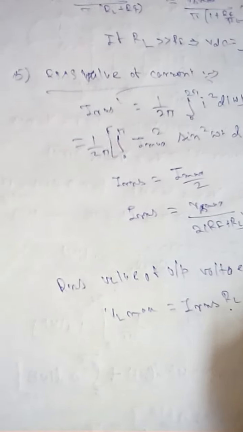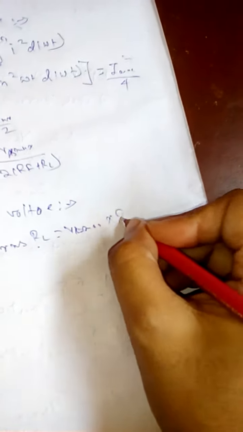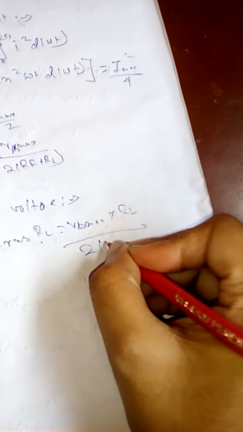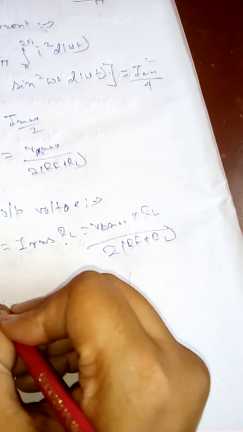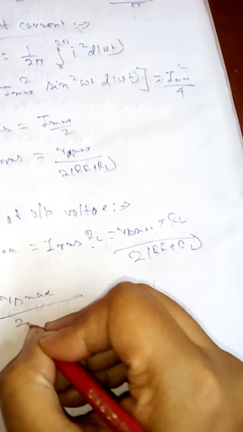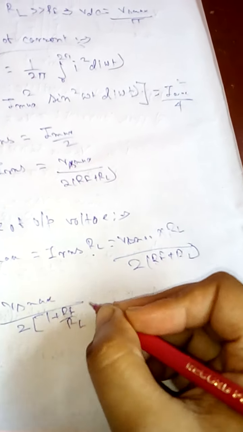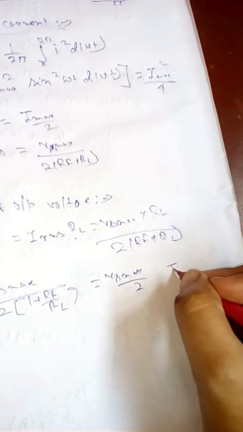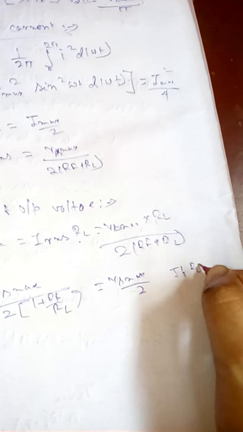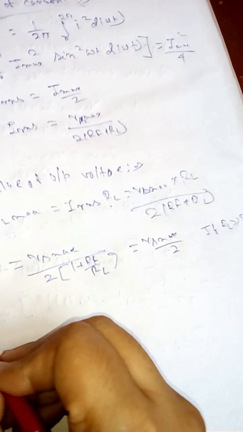So Vs max square into RL by 4 (Rf plus RL) squared. So we get Ps max by 2 (1 plus Rf by RL), equal to Ps max by 2 if RL is very much greater than Rf.